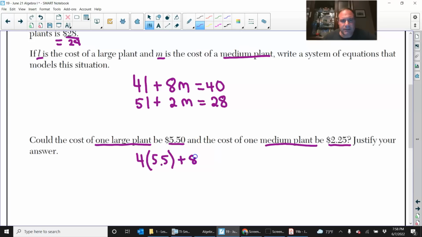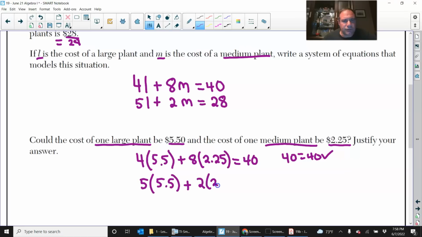It'll be the same thing. I know I'm talking about money. If I put this into the calculator, the 40 equals 40. So that one works. So I'm going to check this one out. 5 times 5.5 plus 2 times 2.25, and that is supposed to equal 28. Let me see if that does.